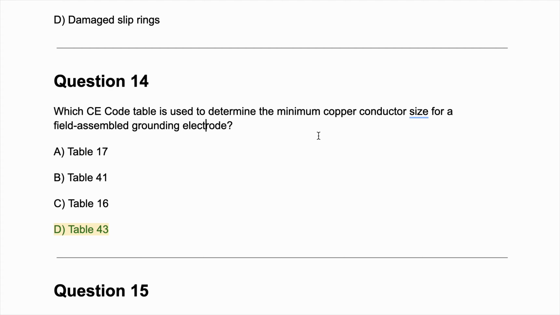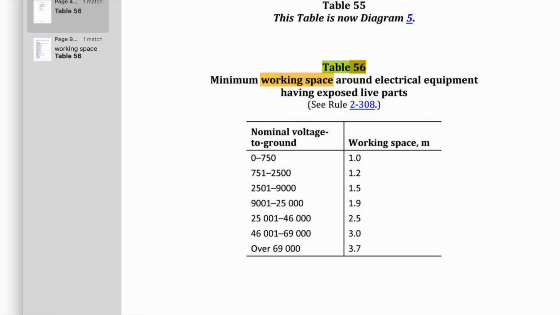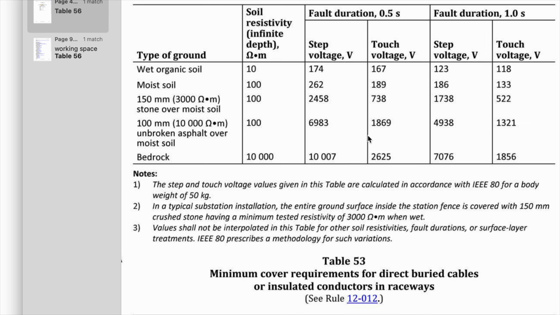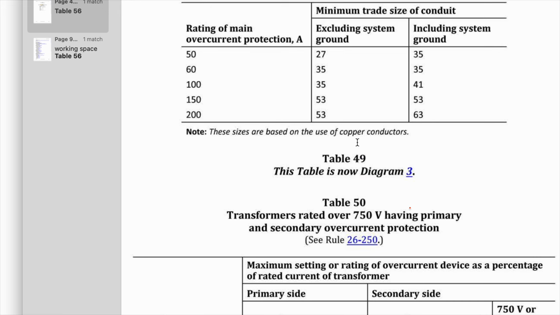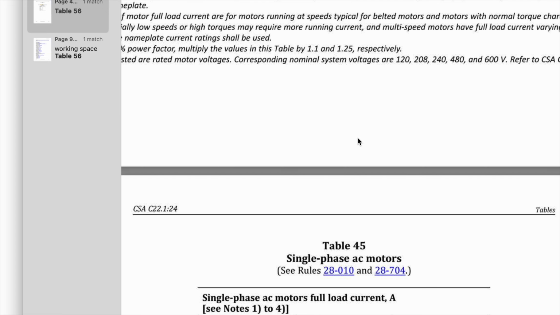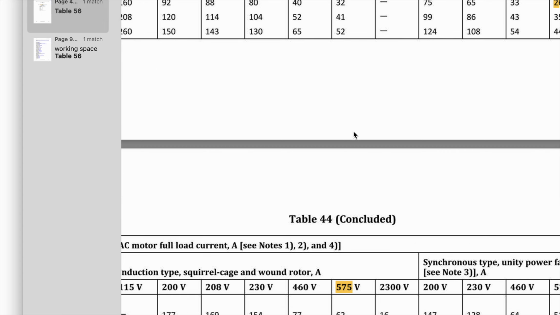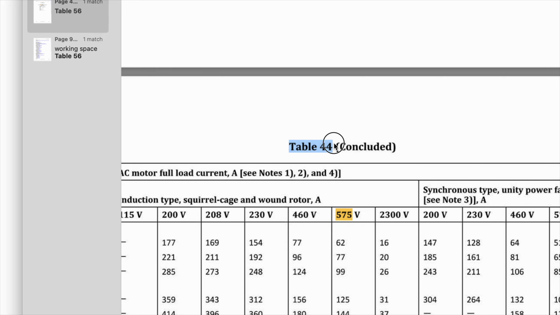So what is the minimum size of that copper conductor? It depends on the current of that service. Let's go to Table 43. You know what Table 44 is?